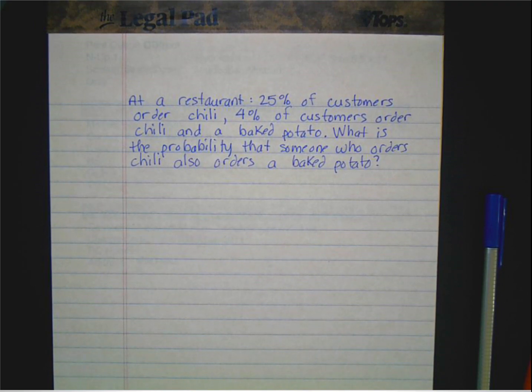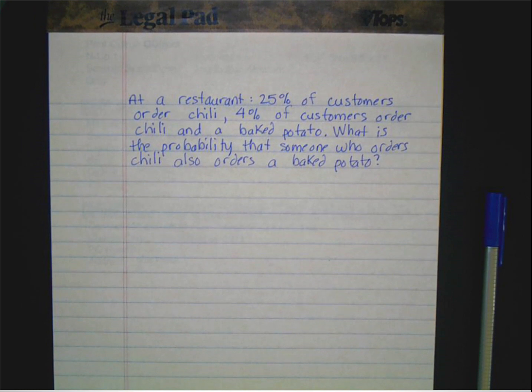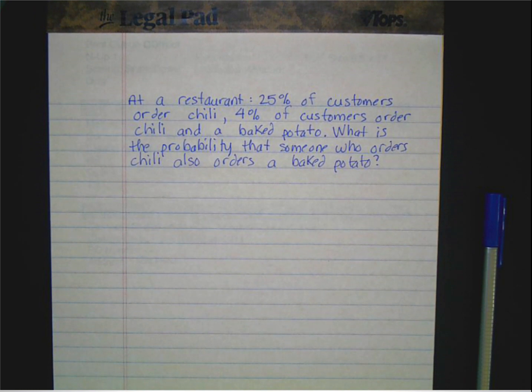All right. So for our last problem here in part one, I'm going to show you how probability works with conditional probability. Here's an example. At a restaurant, 25% of customers order chili. So of all the customers that come in, 25% order chili. And 4% of customers order chili and a baked potato.